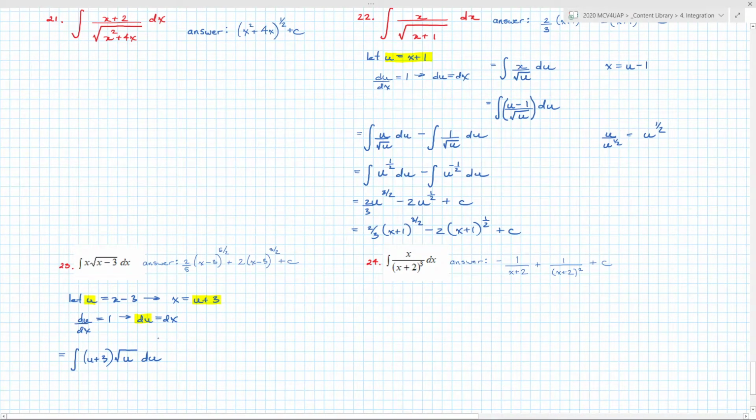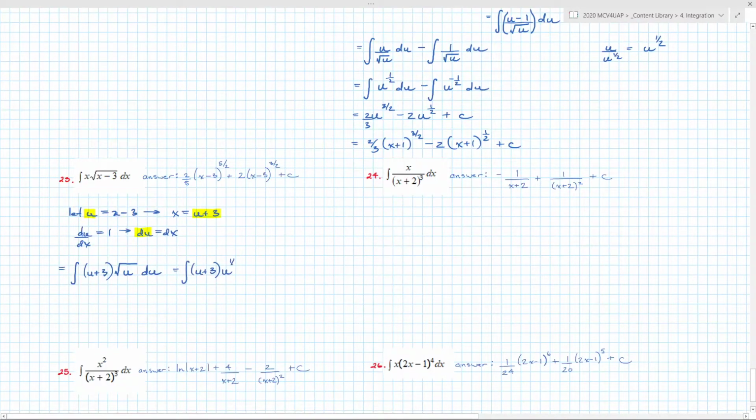Now, if you write square root of u as u to the 1/2, this becomes u plus 3 times u to the 1/2 du. And now just distribute that u to the 1/2 into the bracket. So that would become u to the 3/2 plus 3u to the 1/2 du.